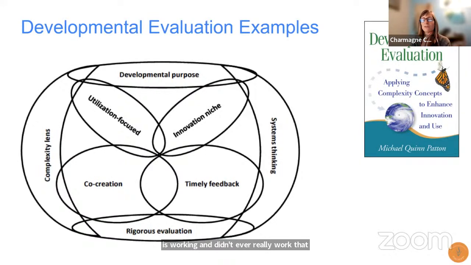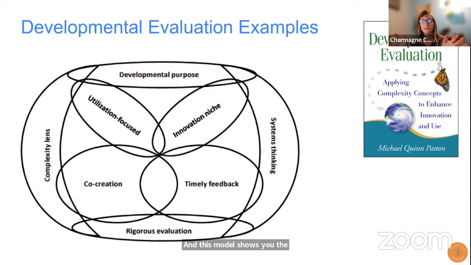And so they really transitioned from doing formative evaluation to doing developmental evaluation. And this model shows you the principles of developmental evaluation. Utilization-focused evaluation is the umbrella for developmental evaluation. And I'll let Michael talk more about what that has looked like.